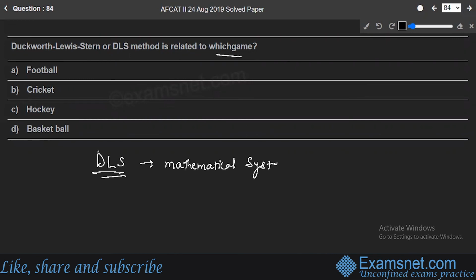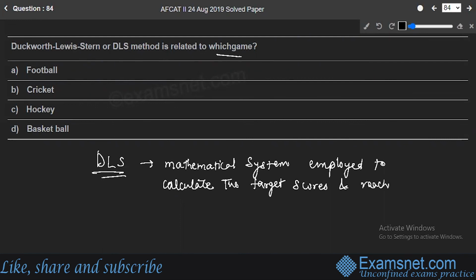It's a mathematical system which is employed to calculate the target scores and reach outcomes when rain occurs in rain-shortened limited over matches.